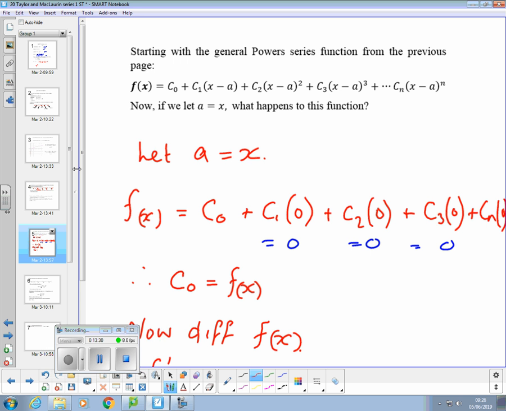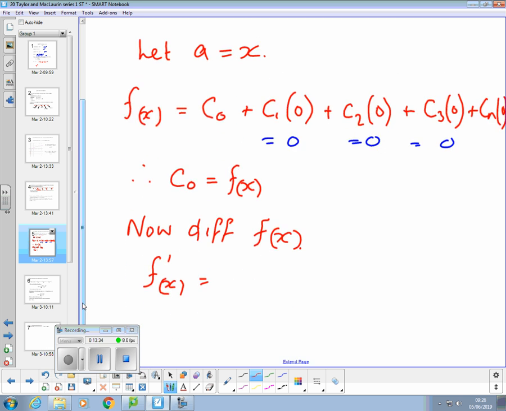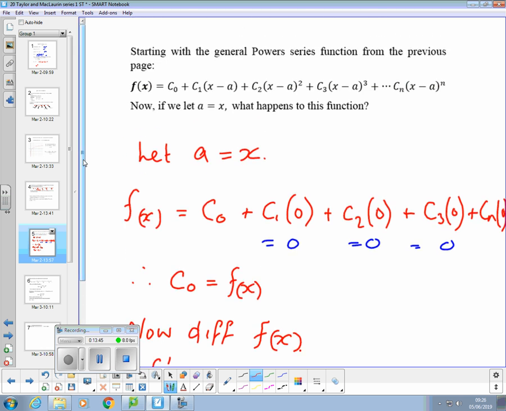We've got an x to the 1 term, so we end up with C1, a constant. Differentiate this term. 2 comes down and becomes a multiplier, 1 off the index.